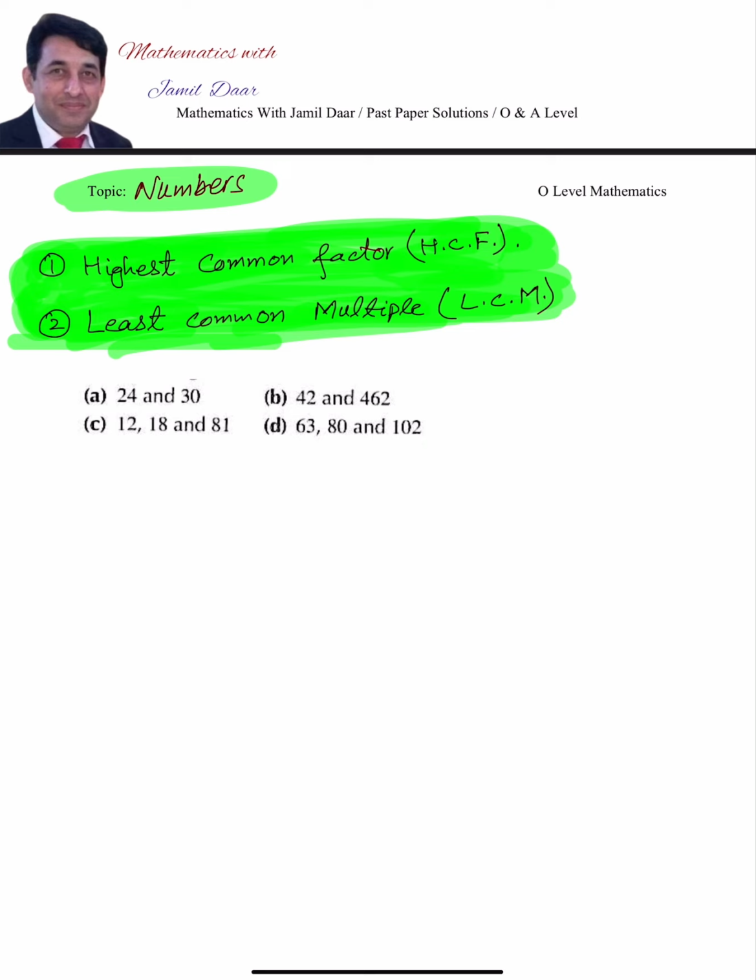Part A is 24 and 30. We will solve part A first by finding the prime factorization. We'll do the prime factorization of 24 and find its prime factors.